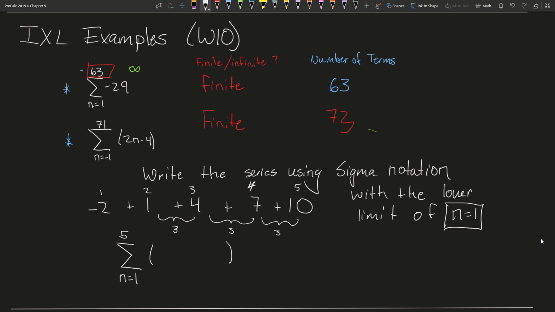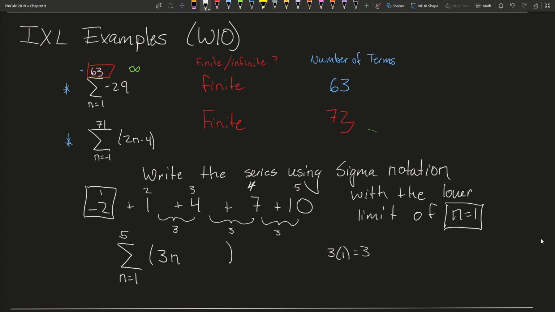So when you see a difference like that, you know you're going to be multiplying by 3 of some kind. So if we just do 3n at first, that might seem like a good rule. And then we have to check it. So 3 times 1 is 3, but it should be negative 2. Right, because that's our first term. So then we have to modify it. Okay.